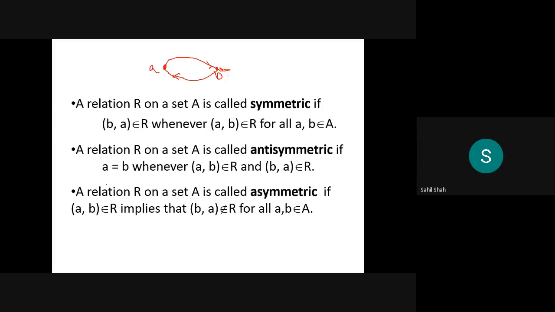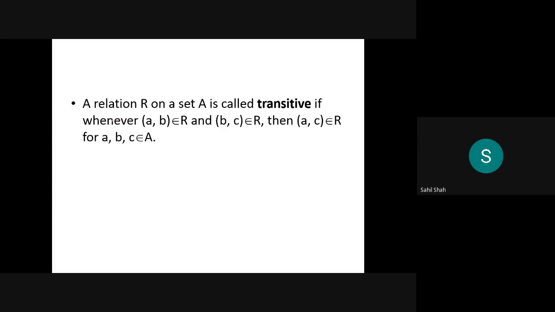A relation R on set A is called transitive if whenever we have two pairs, A comma B belongs to R and B comma C belongs to R, then we will have the third pair A comma C also present in R.